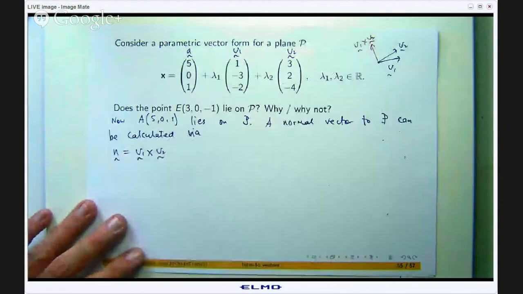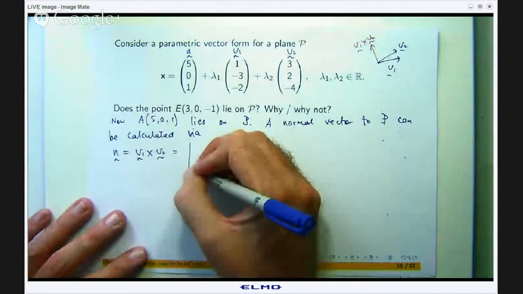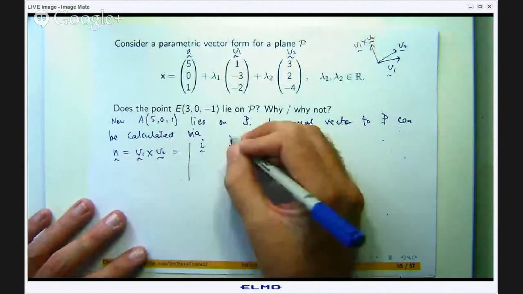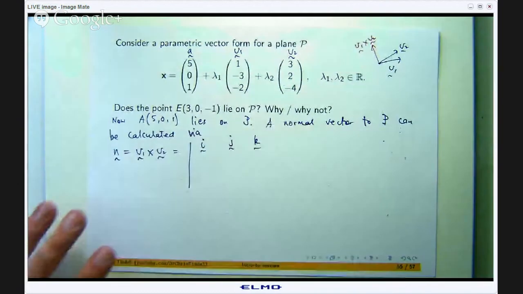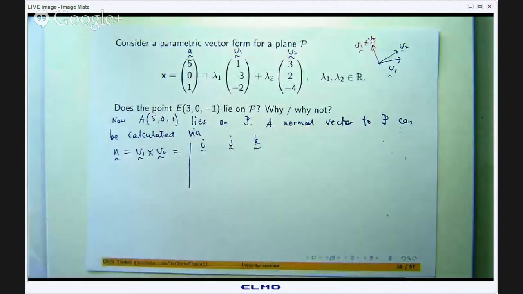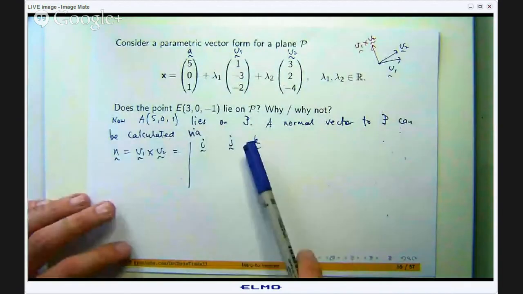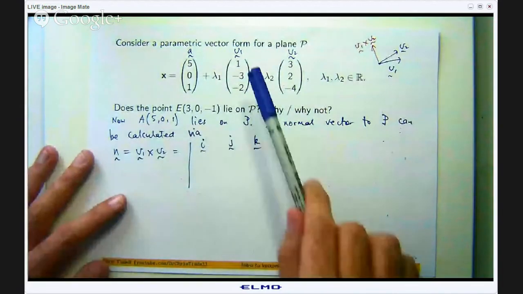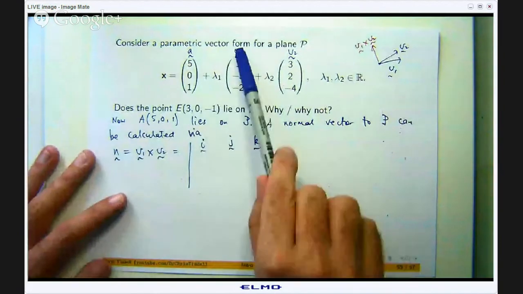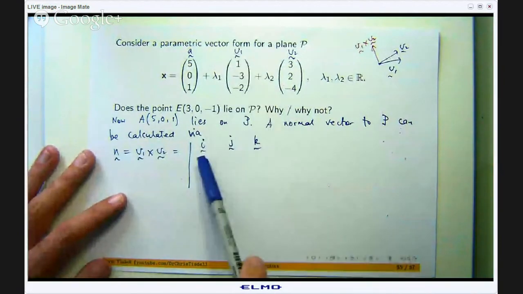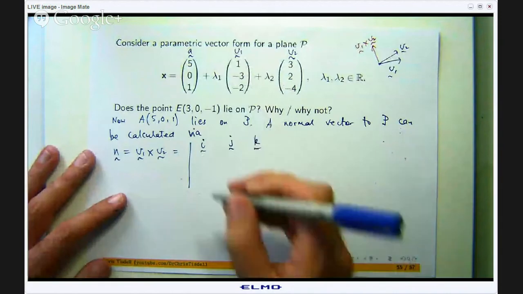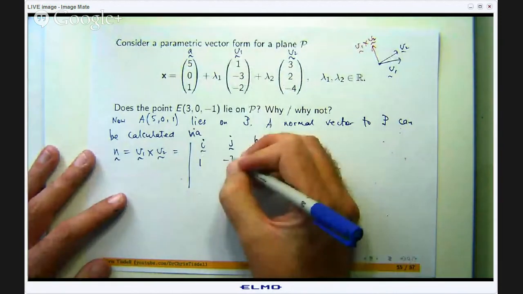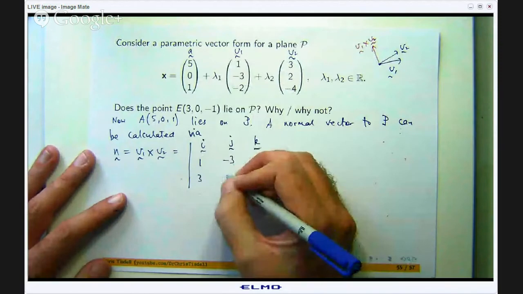Now we know with the cross product that we can evaluate it using a determinant type algorithm, right? So you put your i, j, k unit basis vectors up here, and then you write v1 as the second row and v2 as the third row. And our answer will be a vector.